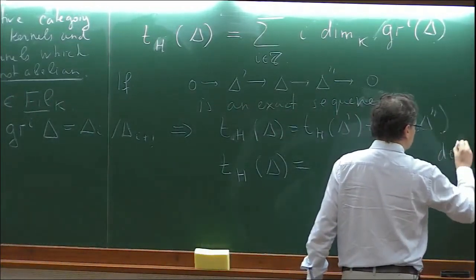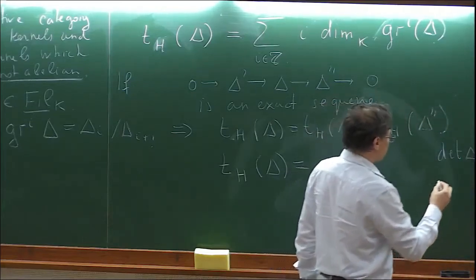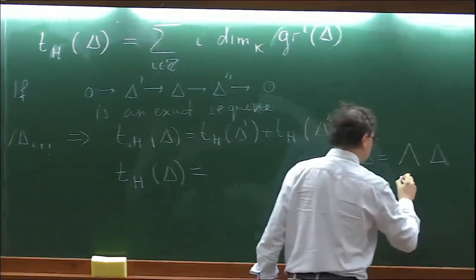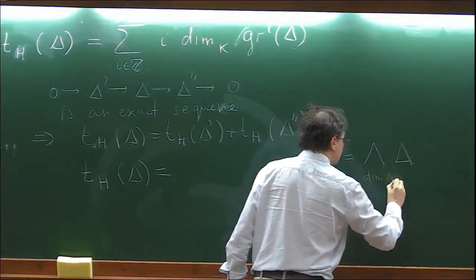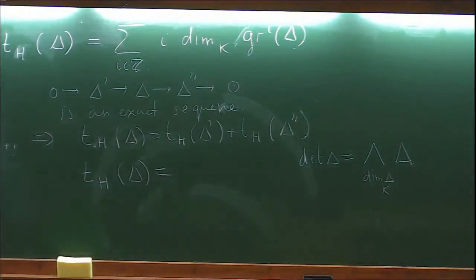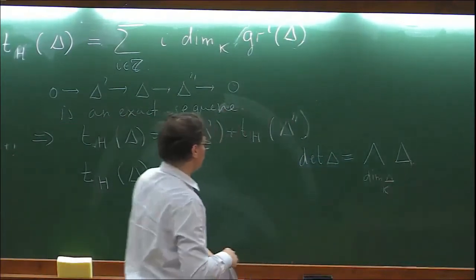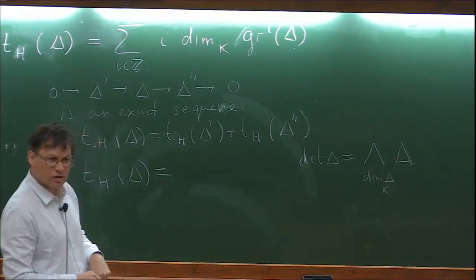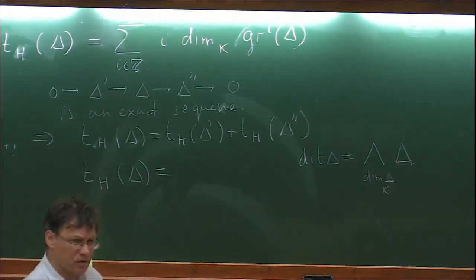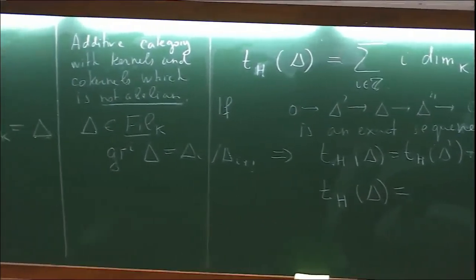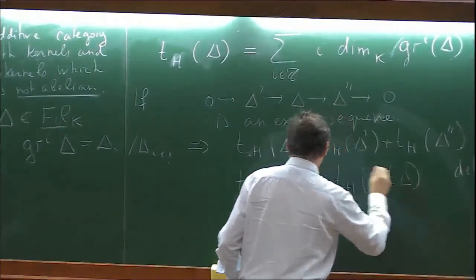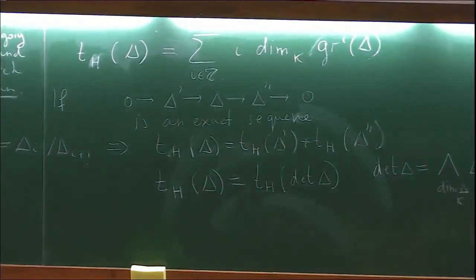If we denote by the determinant of Δ the highest exterior power of Δ, which is a one-dimensional vector space with induced one-step filtration, then Hodge of Δ coincides with Hodge of the determinant.